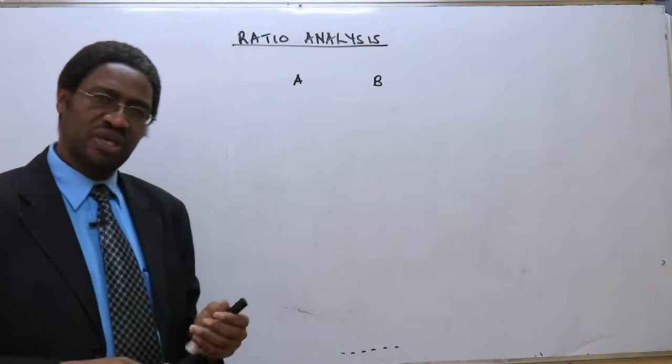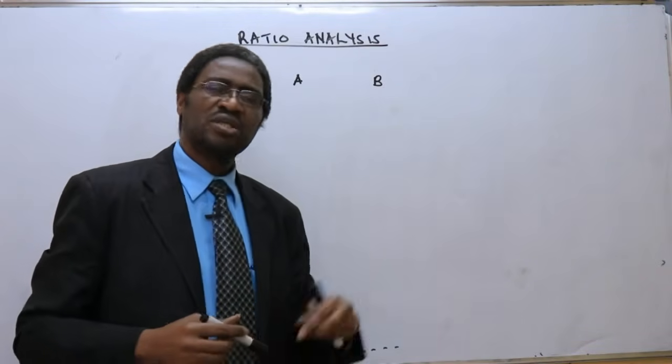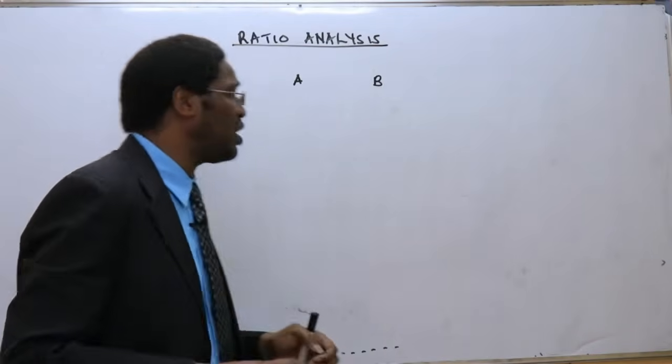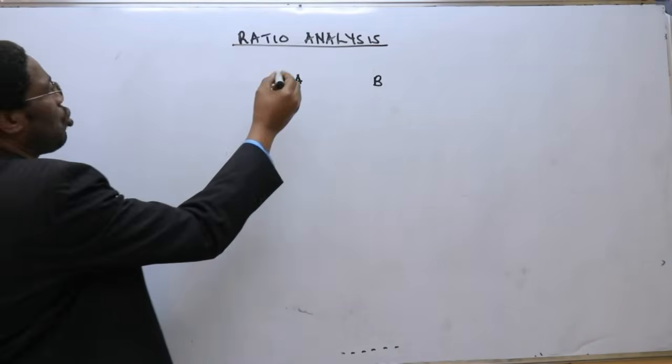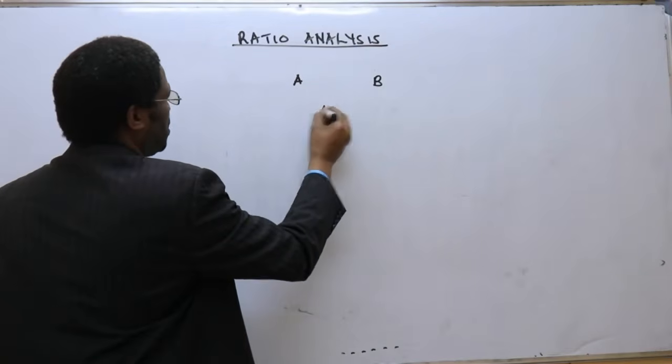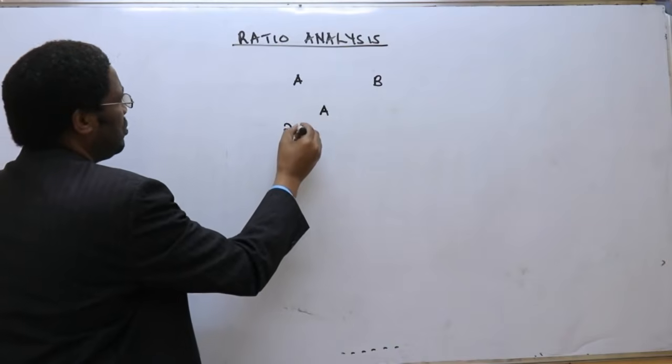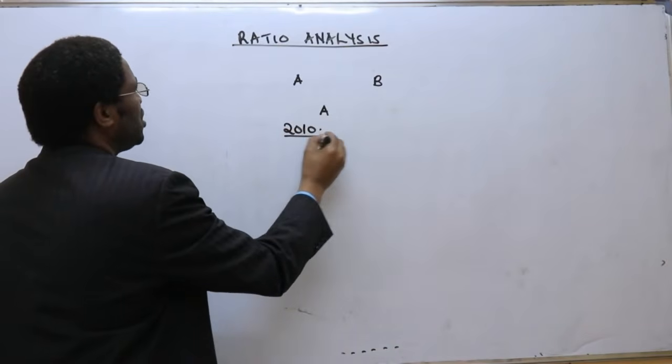So that's one use of ratios, to compare the performance of different firms in the same industry. Another use of ratios is to compare the performance of the same company, let's call it company A, over a period of time. You want to know in which year did we do better?